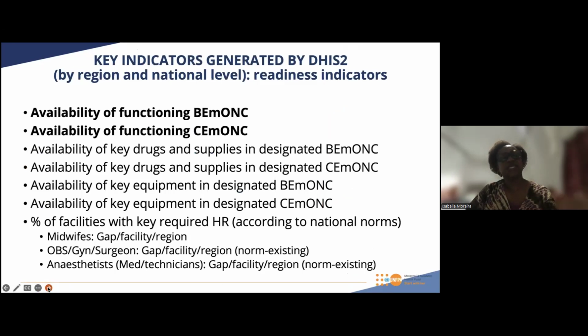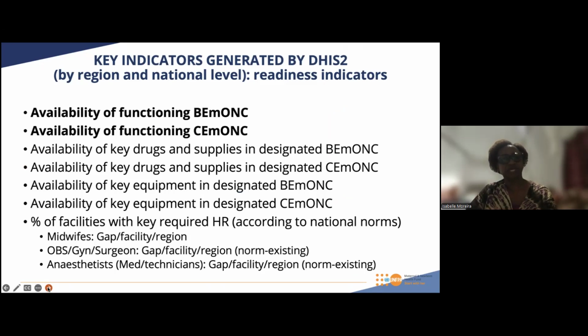This is the sheet, and now based on that, we have these indicators. One of the most important indicators was availability of functioning facilities. When you talk about functioning basic emergency obstetric care facilities, that means facilities that are performing basic care as required.